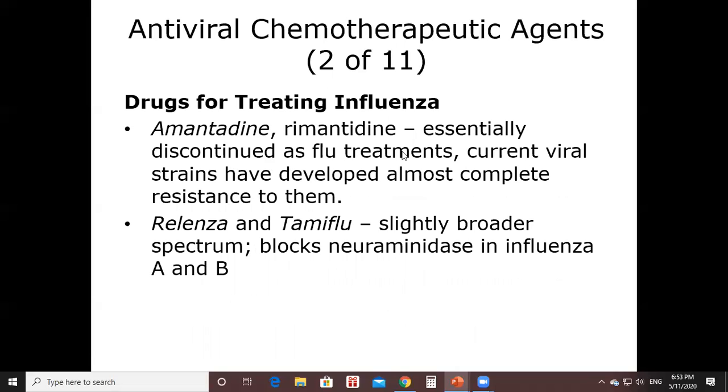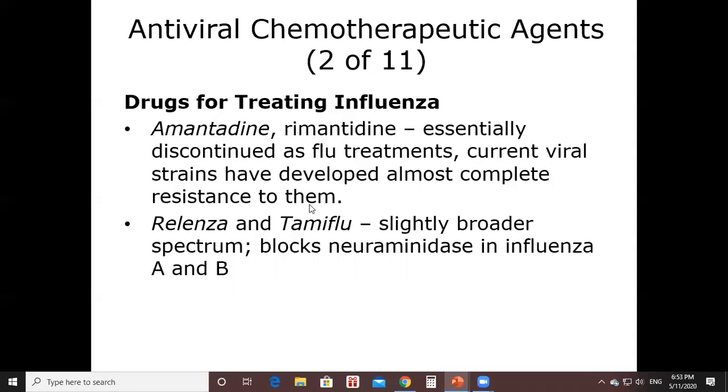Then we have drugs for treating influenza. Remember, influenza is typically caused by viruses. These are kind of interesting. I don't know if you've heard of amantadine and rimantadine. At one point they were looked at as the saviors for flu. But essentially, we had to discontinue them as flu treatments. Why?